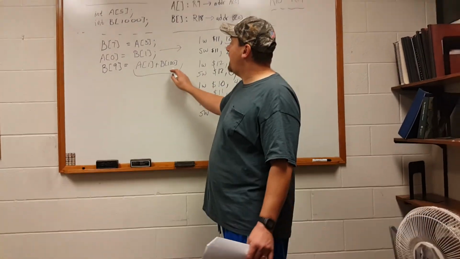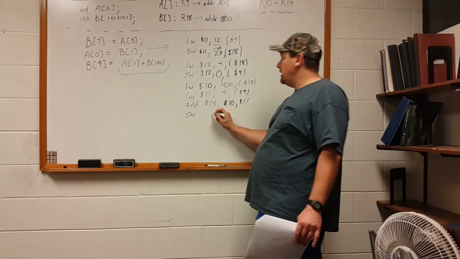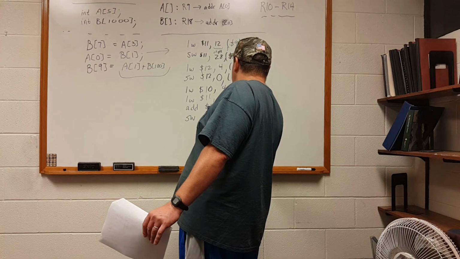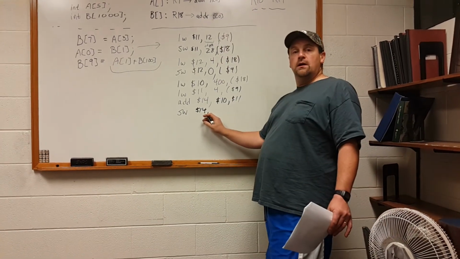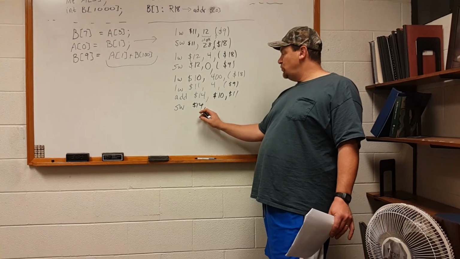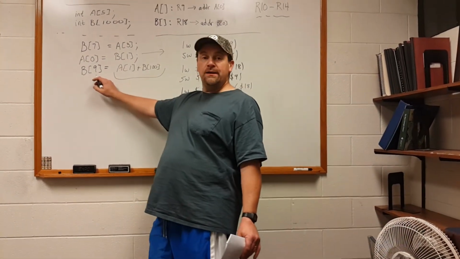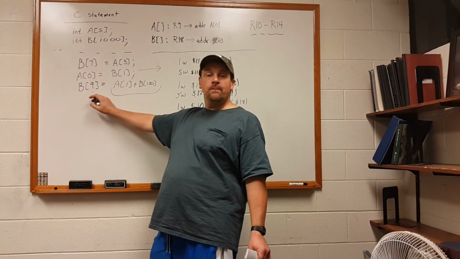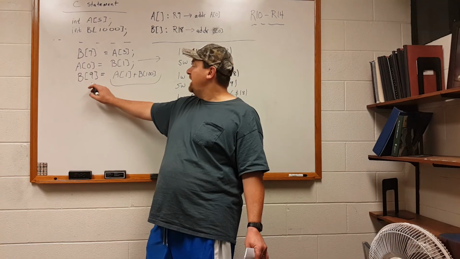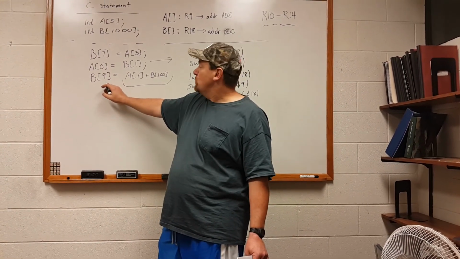We're going to store it back into B of 9. So we have our sum in R14. So we're going to use R14 as our value to store back into memory. Where do we want to go? 9? No. 4 times 9, because it's 4 bytes times 9. 9 is the number of 32-bit signed integers.